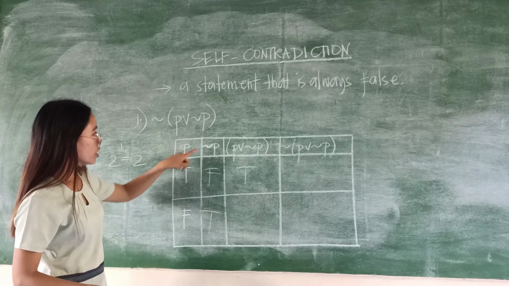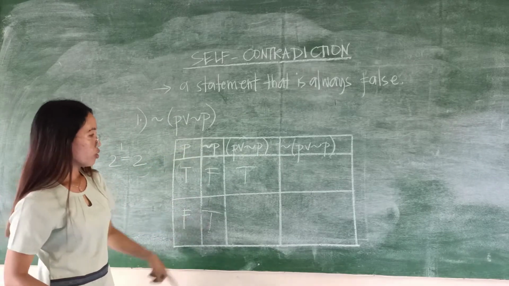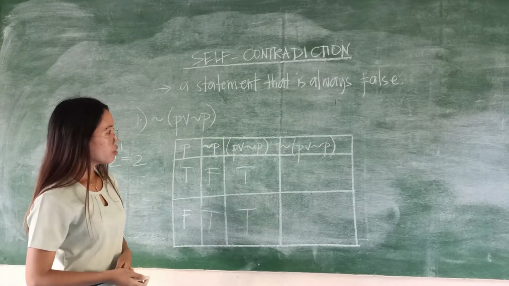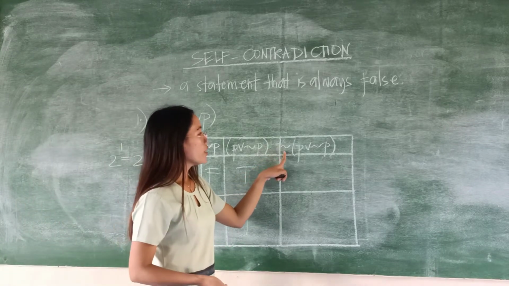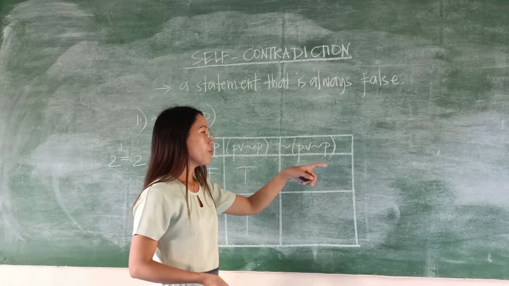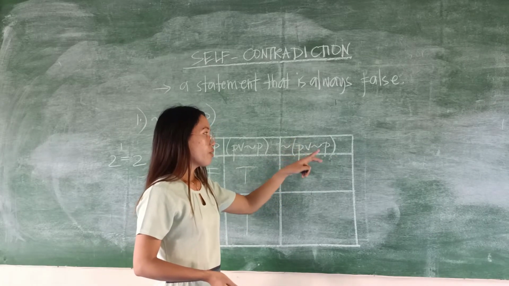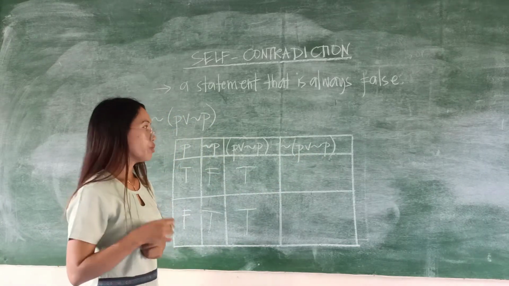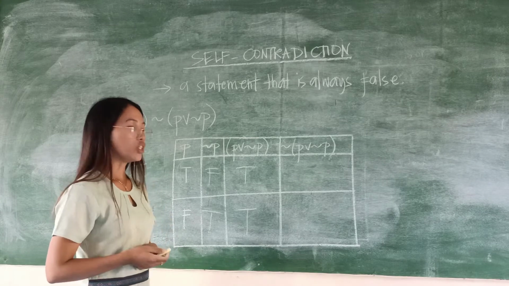Then P false, the negation P is true. So that is also true. Now let's proceed to the third column. Negation, open parenthesis P or negation P. Since we already have the values for this one, the only thing we need to do is to get the value for its negation.